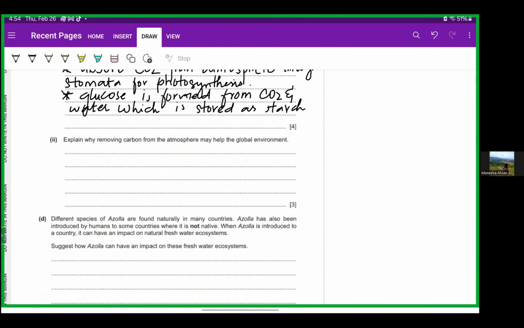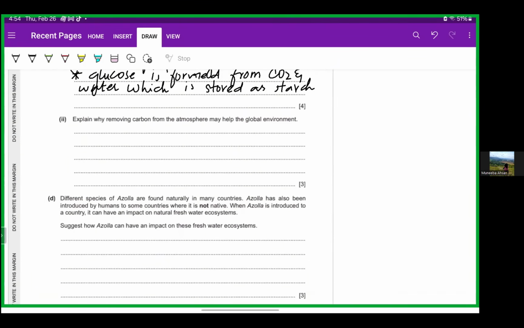Explain, next part, explain why removing carbon from the atmosphere may help the global environment. Because when the carbon is removed from the atmosphere, the carbon dioxide concentration in the environment decreases. So we know that carbon dioxide decreases, and it is a greenhouse gas.